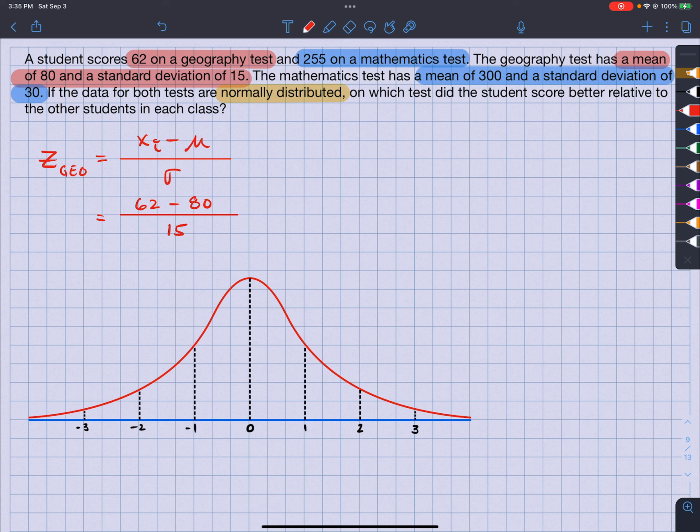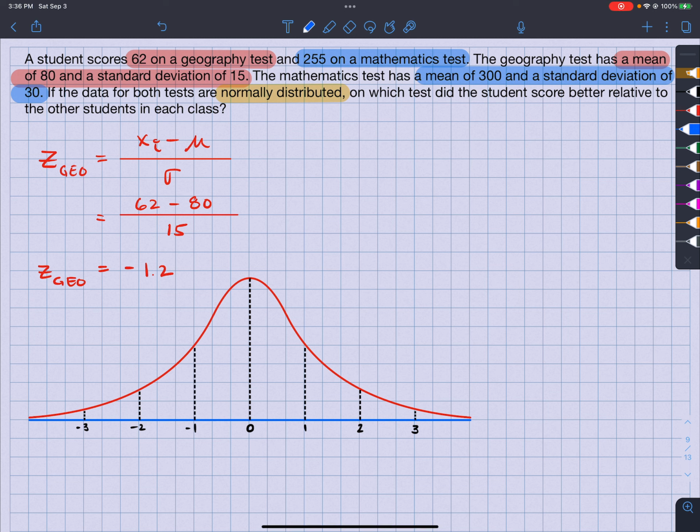So the z-score of the geo test is equal to, let's see, parentheses 62 minus 80 divided by 15, which is negative 1.2.